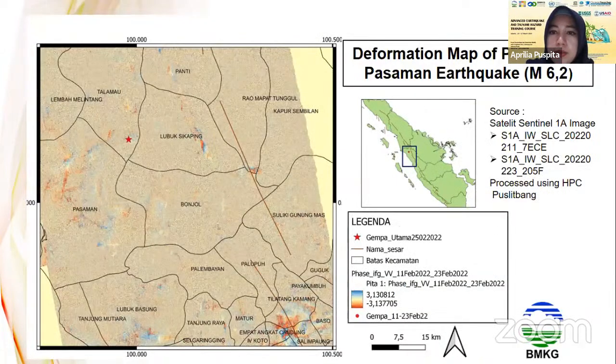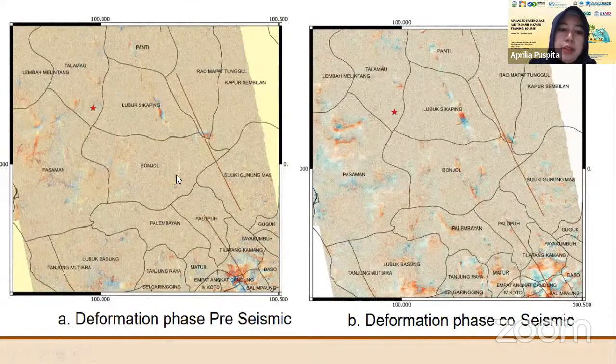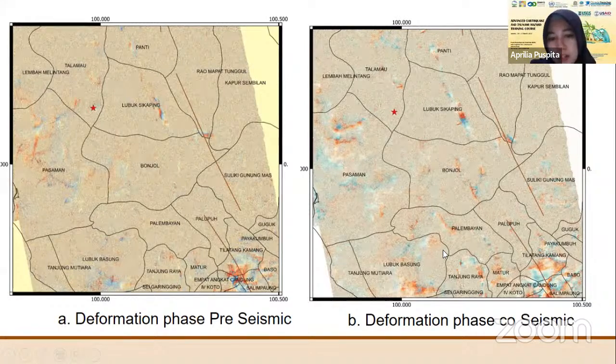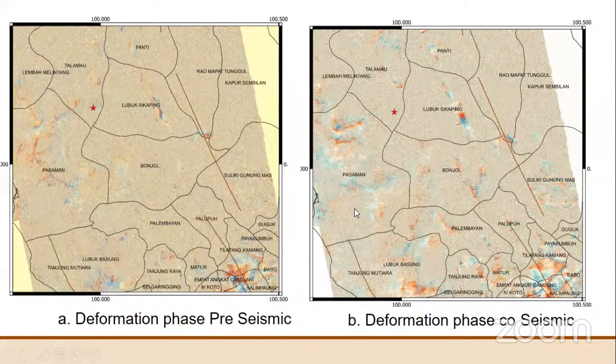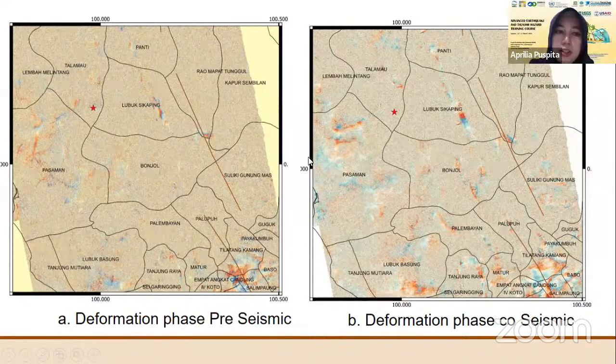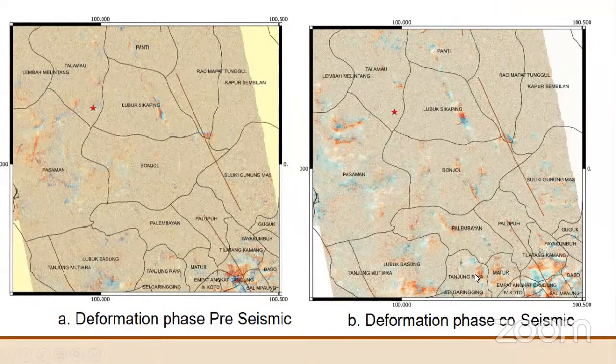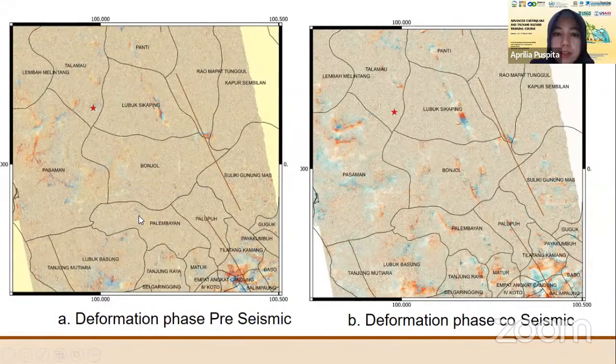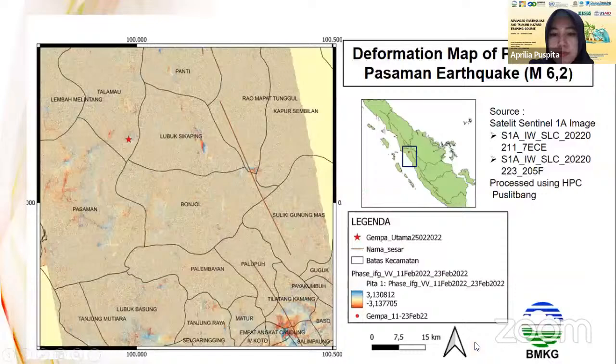I'm sorry, okay, this is the deformation map of the pre-seismic. Okay, I will compare the deformation between pre-seismic and post-seismic. We can see here the interferogram is sharper, and the area experiencing deformation is extremely faster in the pre-seismic.